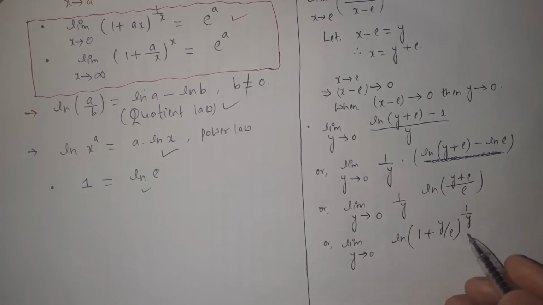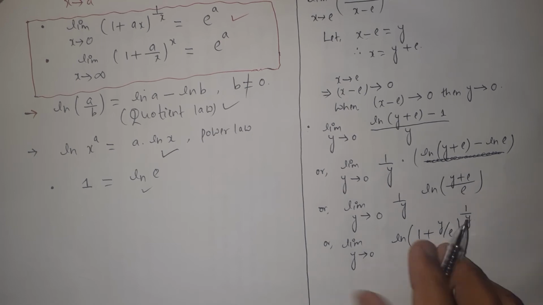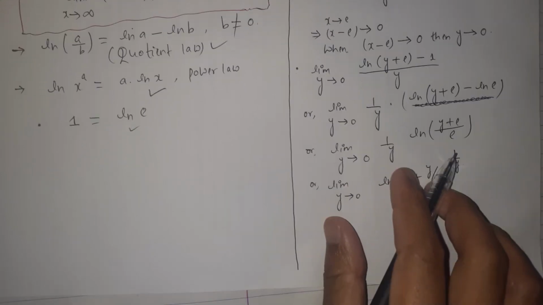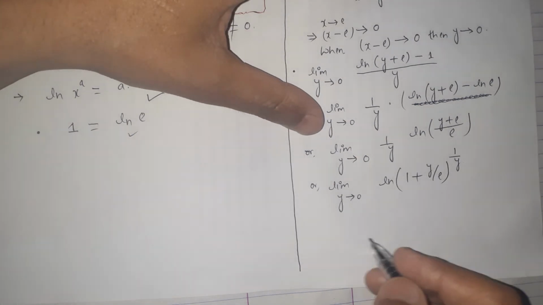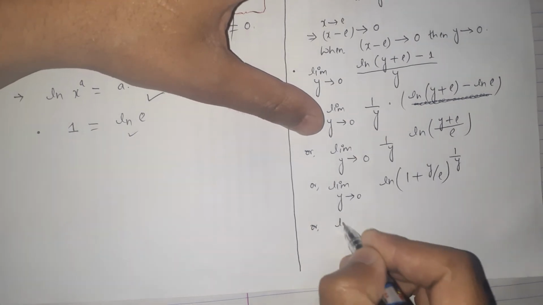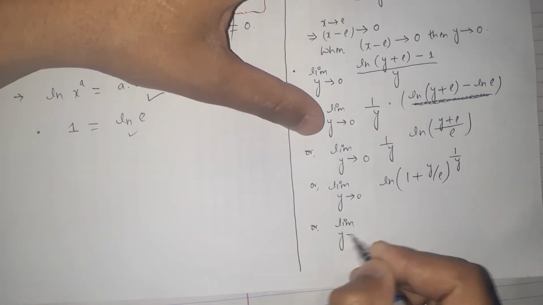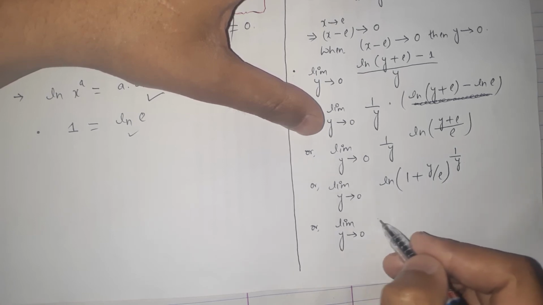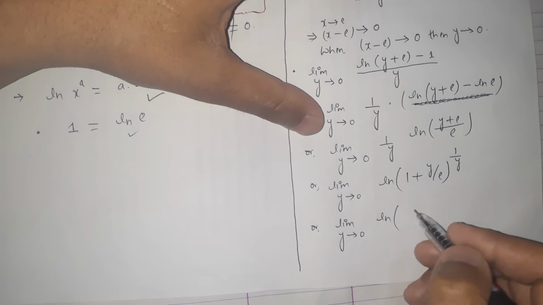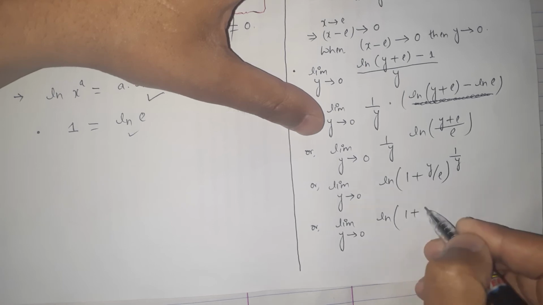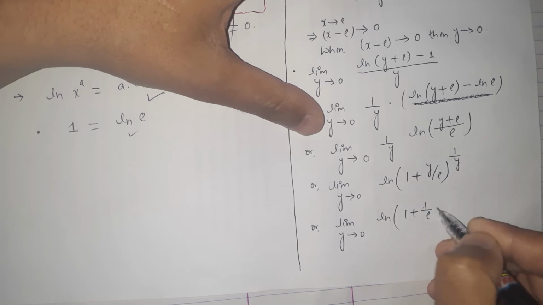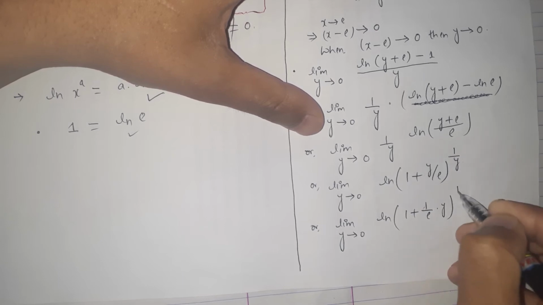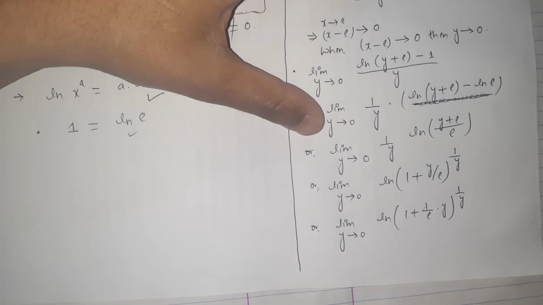Let's simplify: this can be written as the limit as y approaches 0 of ln of 1 plus 1 over e times y, raised to the power 1 over y.